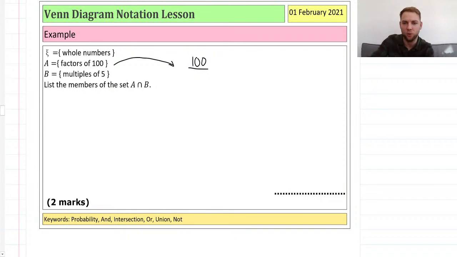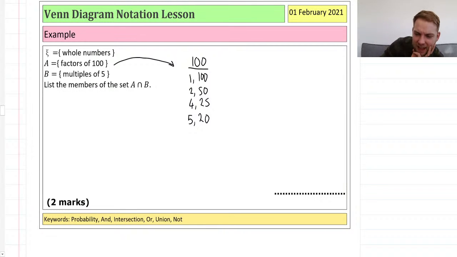I'd always do them in pairs, always. 1 and 100, 2 and 50, 3 doesn't go, 4 does go, 4 and 25, 5 goes, how many times does 5 go? 5 and 20, 6 doesn't go, 7 doesn't go, 8 doesn't go, 9 doesn't go, 10 does go, 10 goes in 10 times, and I can stop there because I know I'm going back to 10.